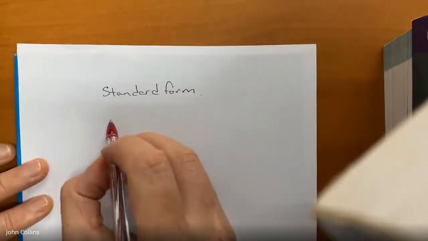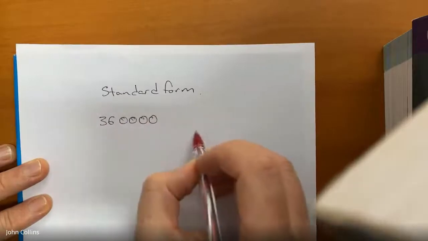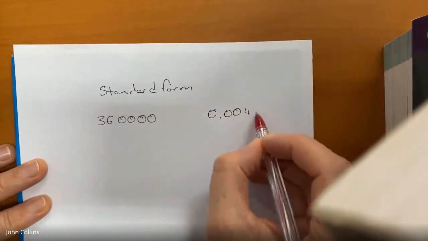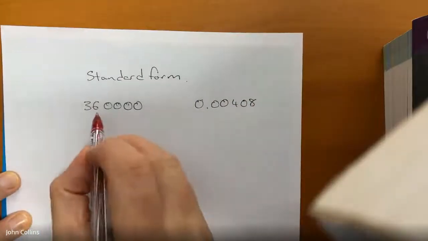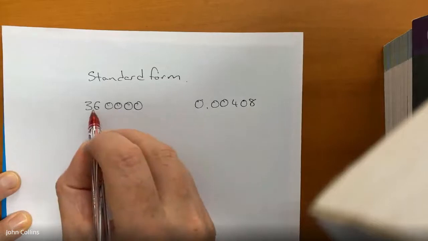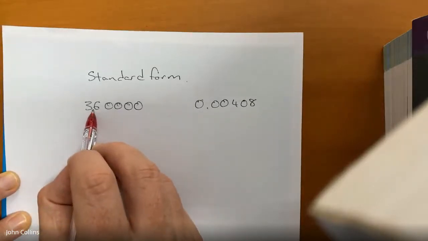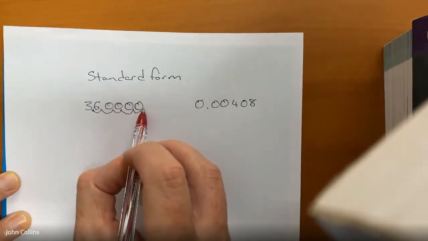Standard form, so if we have a large number versus a small number, I'm going to convert both those to standard form. So for this one, the decimal place must go after the first number that's not a 0. So here, we'll put the decimal place. 1, 2, 3, 4, 5 positions it has moved.